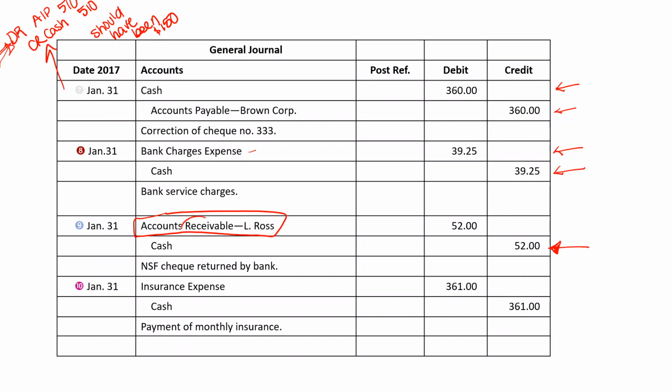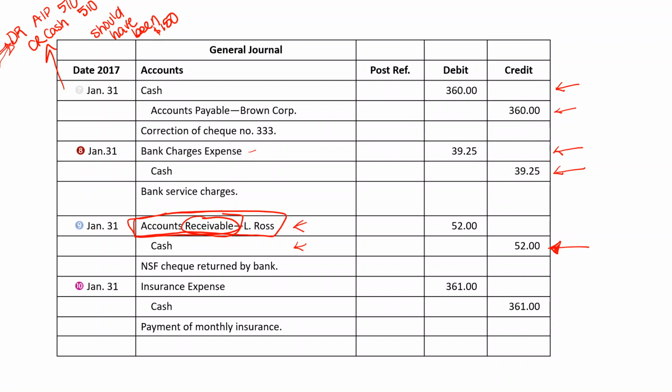So we still need to receive it, and therefore we put that into accounts receivable so that we know to collect that from him or her in the future. So NSF checks, you will always debit accounts receivable and credit cash. Because you've done the work, you've earned the revenue, but you need to put it back into the receivable account so you know that that still needs to be collected.